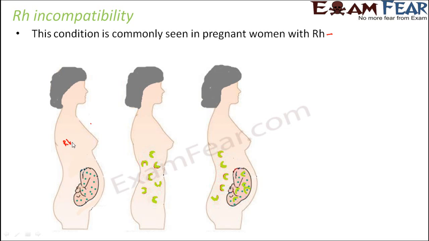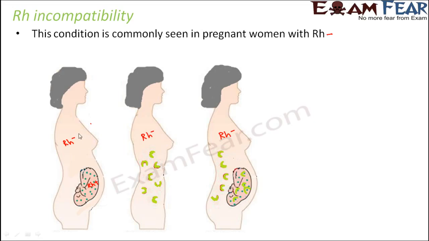So the mother is RH negative, okay. And now if this lady is pregnant and let us say that the baby is RH positive. So this is the scenario where this condition of RH incompatibility might arise. So let us see how or what happens.